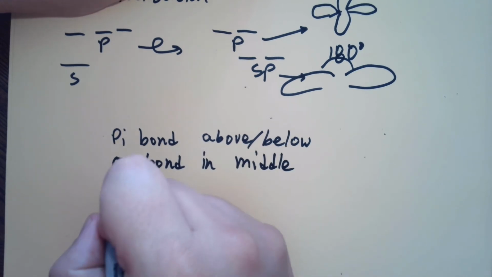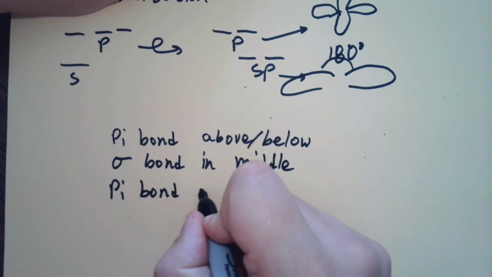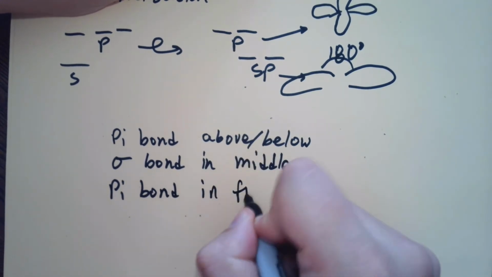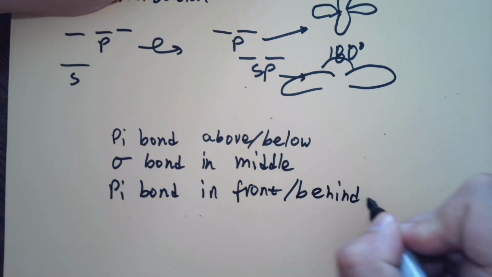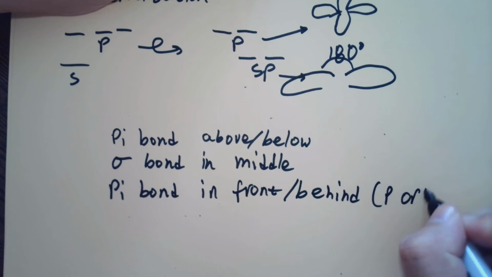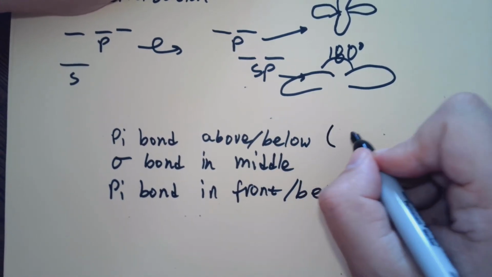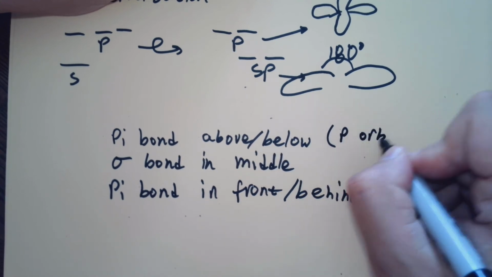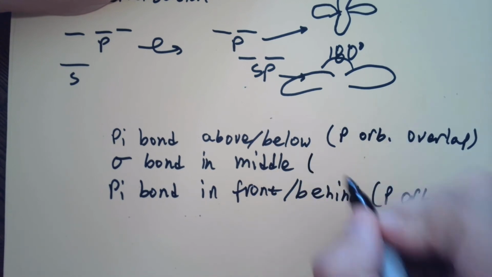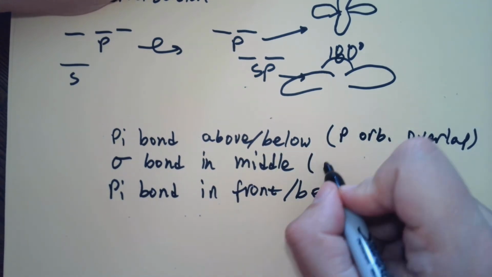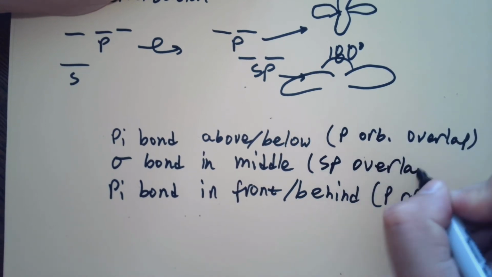And then you have a second pi bond that is in front and behind. And this is all from p orbital overlap. Pi bond equals p orbital overlap. And then the sigma bond is sp being used to overlap with something.